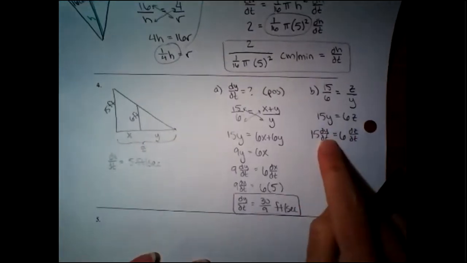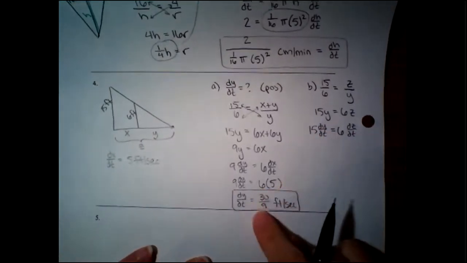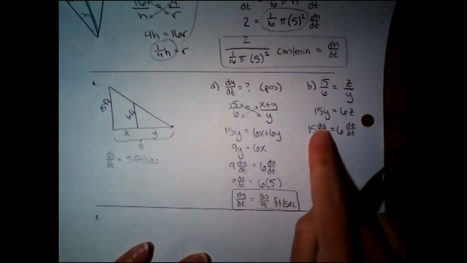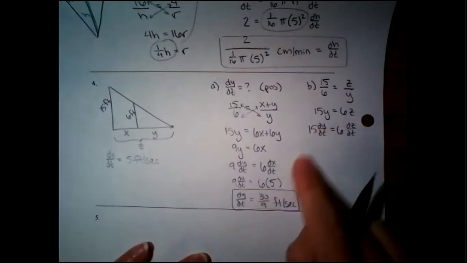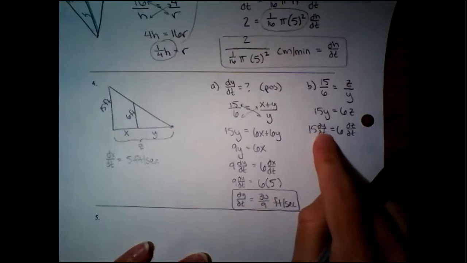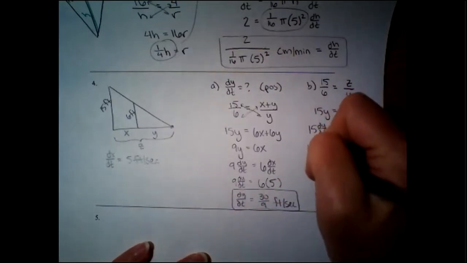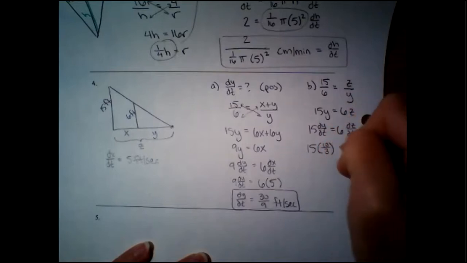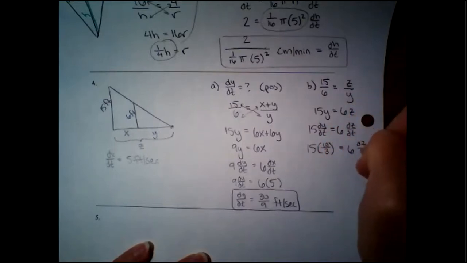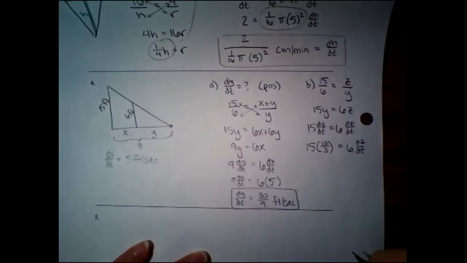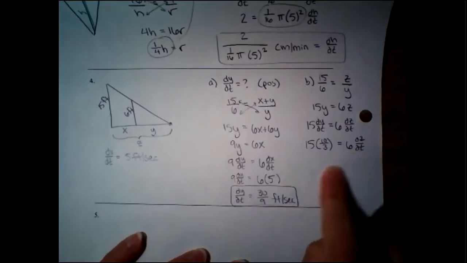And we found dy dt in the previous part of the problem. That was 30/9ths. Actually, I will reduce that when I write it in here so that I'm using smaller numbers. That would be 10/3. And then you just need to divide over the 6.